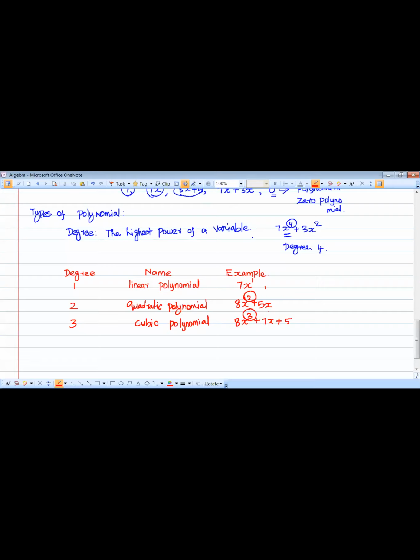And you can ask me, sir, here power 2 is not there. It is not necessary that power 2 should be there. Here, the highest power is 3. That should be there. And 4.